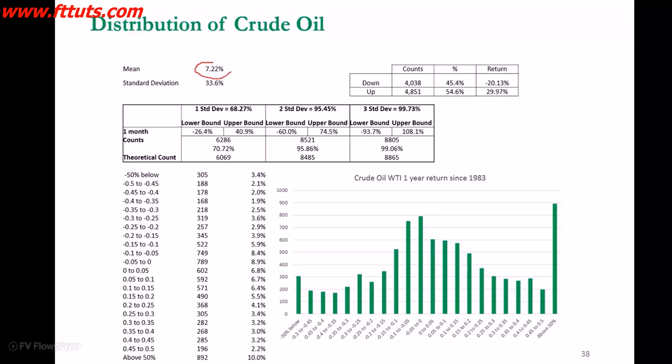What about now the distribution of WTI or crude oil over 1 year? So over 1 year, the mean stands at 7%, which is not far from the 8.5% from the S&P 500. Roughly 55% of the time, it will be up, and 45% of the time, it will be down.